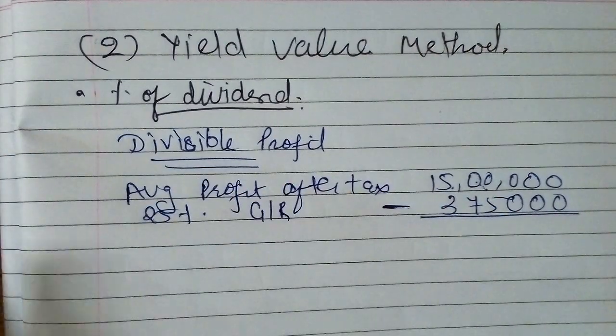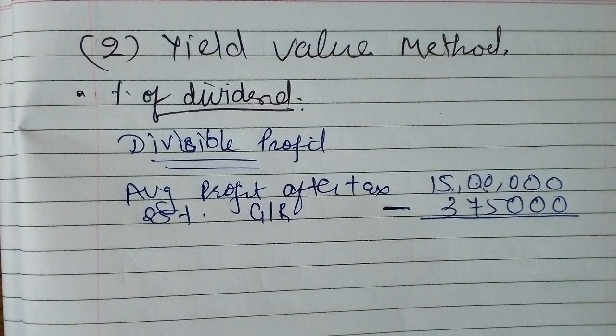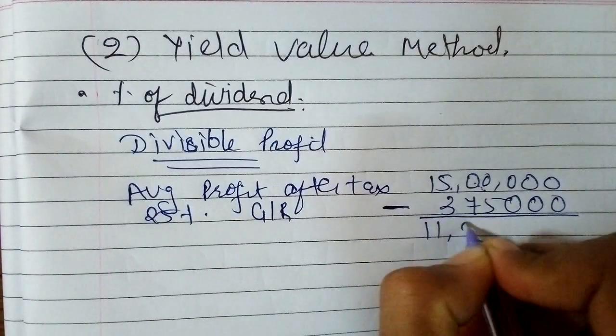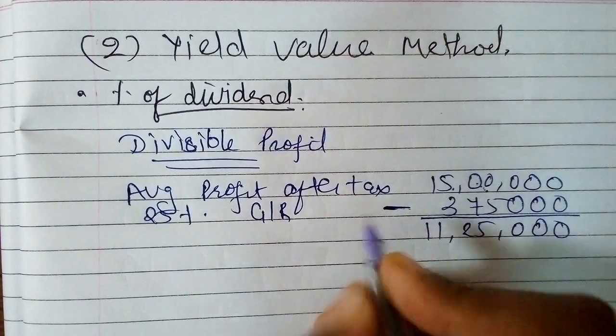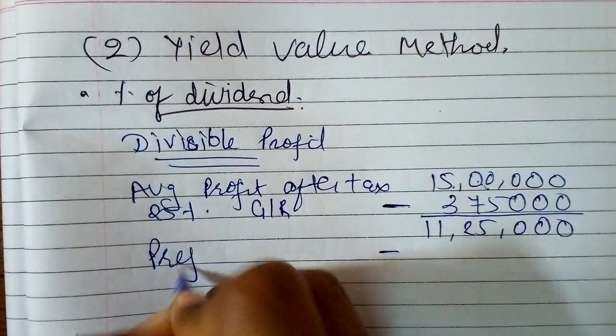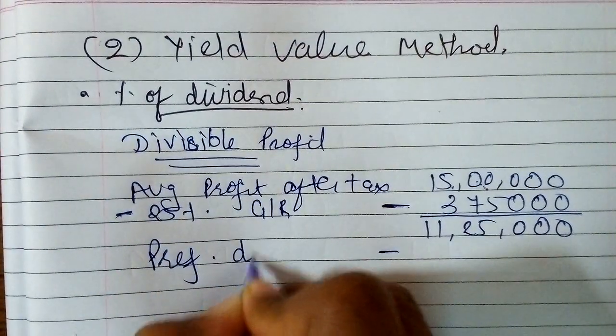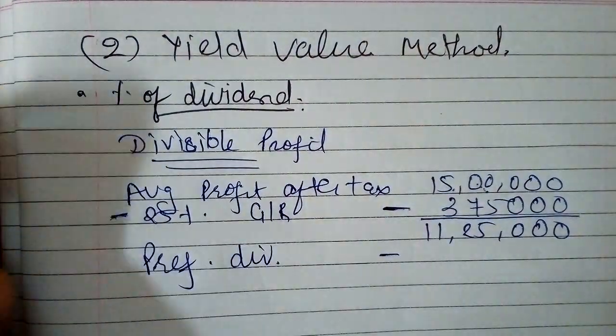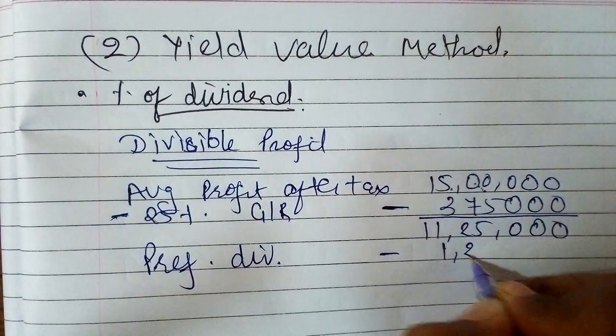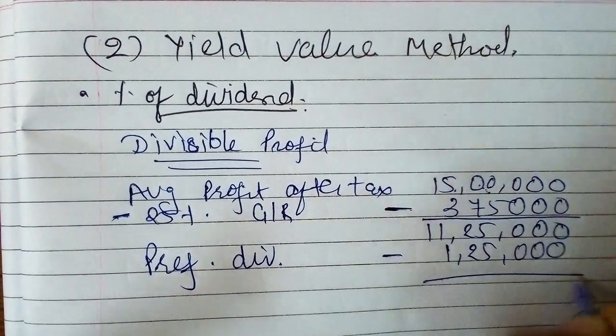So answer will be 11,25,000, and then preference dividend should be deducted, rupees 1,25,000.